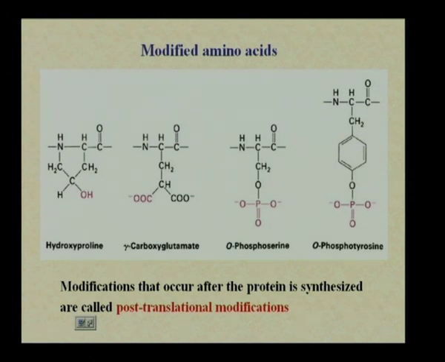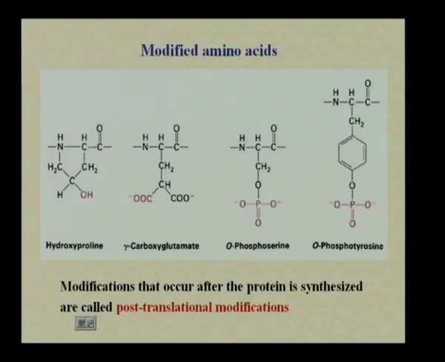What is the central dogma of biology? It is DNA to RNA to protein. The process of DNA going to RNA is known as transcription. The process of RNA going to protein is known as translation. So, after the translation, you have the synthesized protein. Now, if you have a post-translational modification, you would have these specific modifications that I have shown on this slide that occur in the already synthesized protein. Okay?